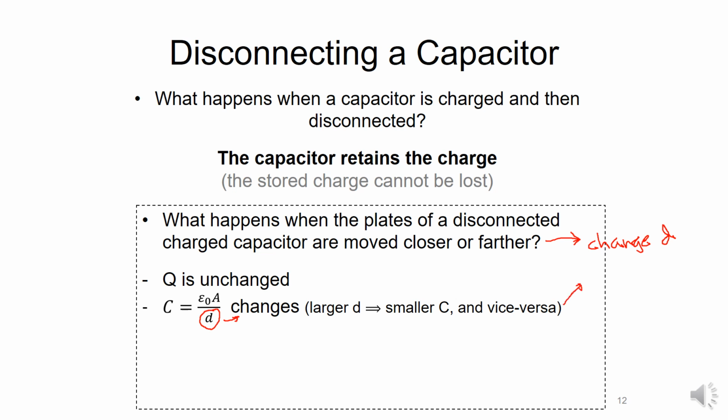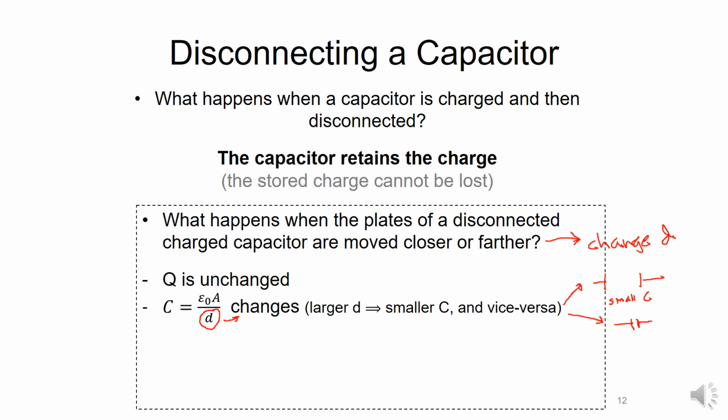I guess I can draw a picture here. If we have the plates further apart like this, we have a smaller capacitance. And if we move the plates closer, we have a larger capacitance.